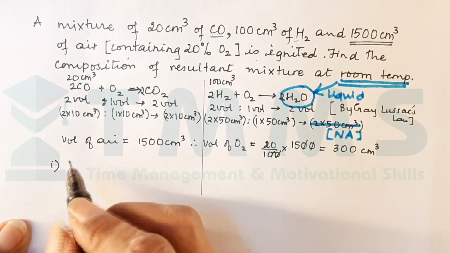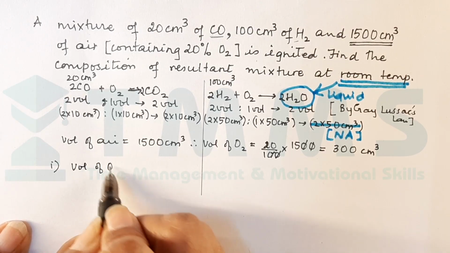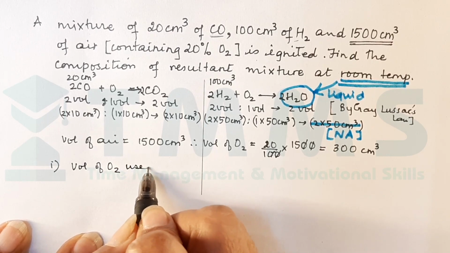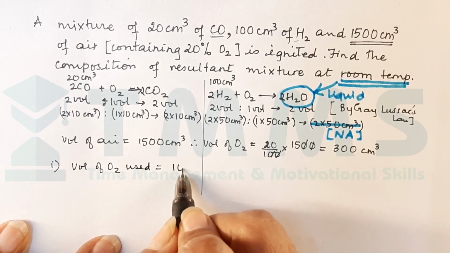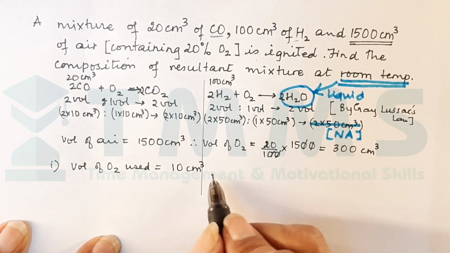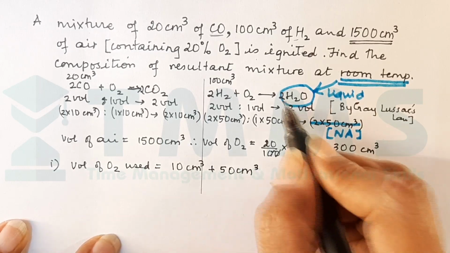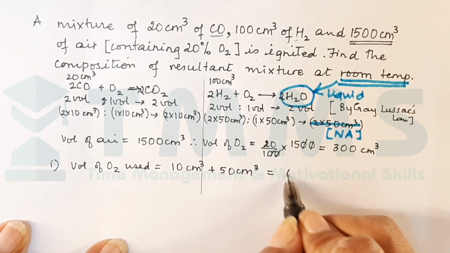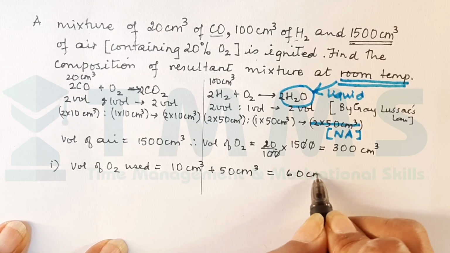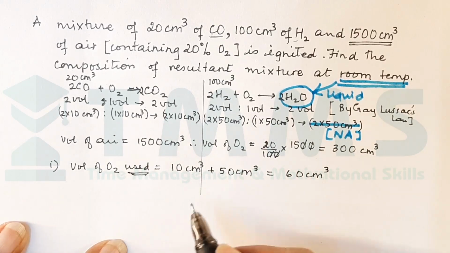So, let us see what is the composition of our resulting mixture. So, number 1, we will say volume of O2 used is going to be 10 centimeter cube from this equation and plus 50 centimeter cube from this equation. Total will be 60 centimeter cube. This is oxygen that is used.